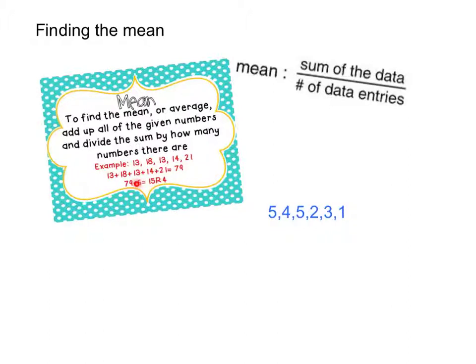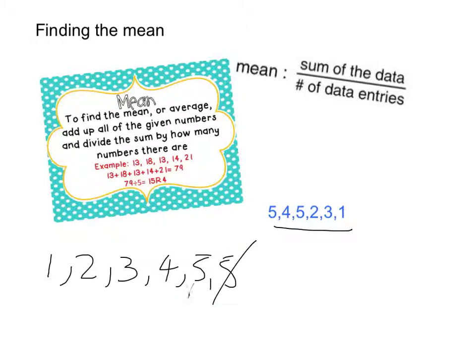So let's look at my example here. I'm going to add together my numbers, okay, and to find the mean they don't have to be in order, although it is good practice to put them in order. So I've got 1, 2, 3, 4, 5 and 5. So if I add those together, I've got 5, 10, 14, 16, 19, 20.